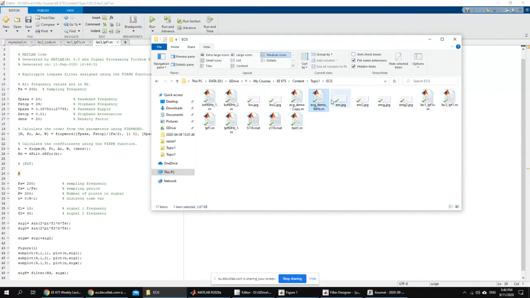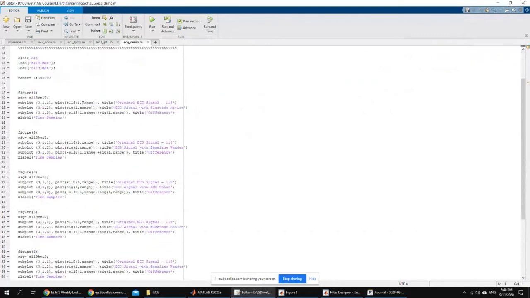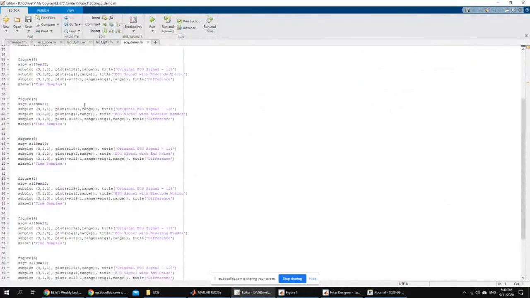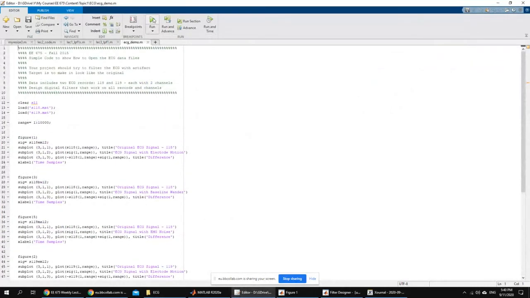I don't see it actually. Maybe this one. Oh, okay. It wasn't present. Actually, it changed the name. So the ECG demo. This is the file that you're going to see. This is the only example that you're going to see in the data that I gave you.